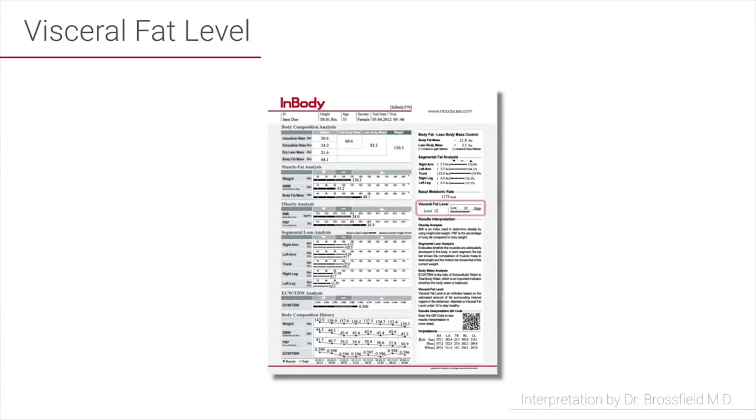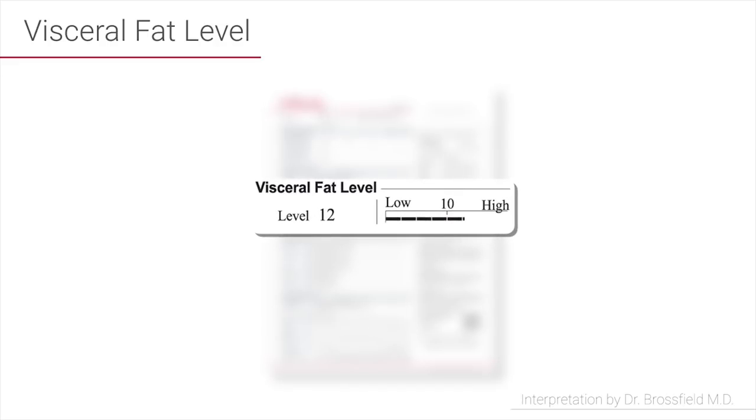The section below the basal metabolic rate is the visceral fat level. The visceral fat level is great to learn about because it actually gives you a number that tells you how much fat you're storing around your deep belly organs. The deep belly organs can store fat in such a way that that fat takes on the nature of an endocrine gland. It actually starts to make toxic hormones that are inflammatory inside the body.